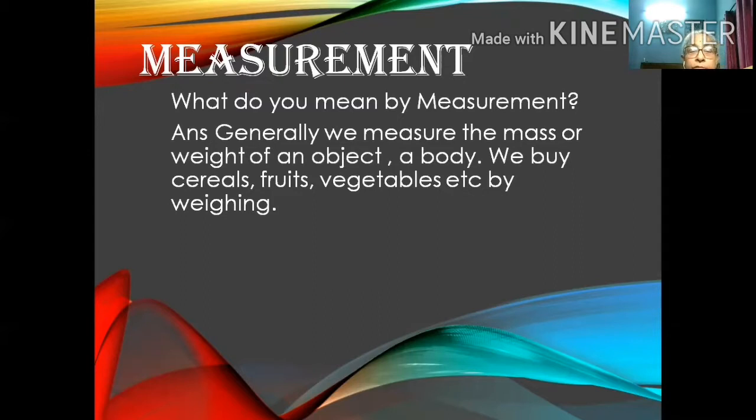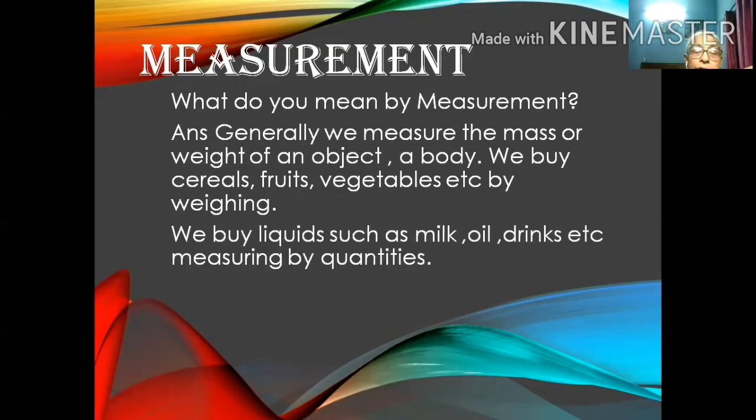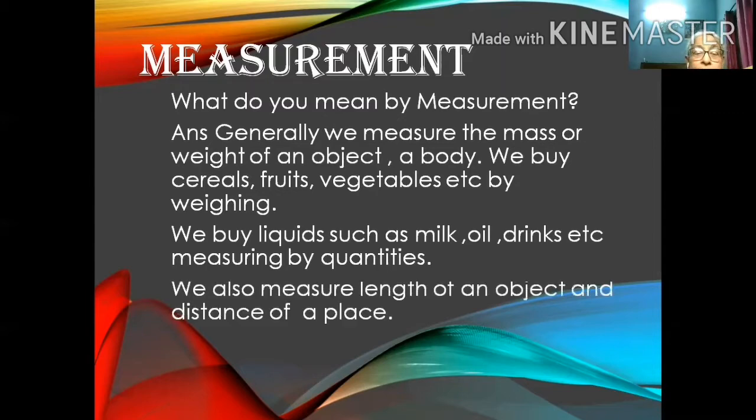We buy cereals, fruits, vegetables, etc. by weighing. We buy liquids such as milk, oil, drinks, etc., by measuring quantities. We also measure the length of an object or the distance of a place.